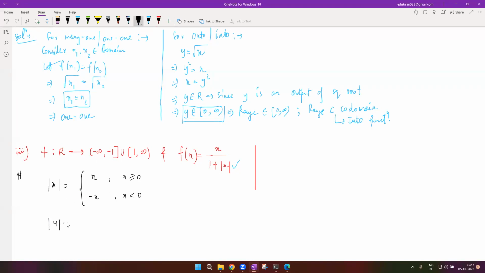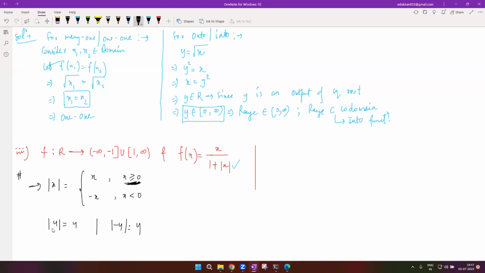So let's say you take mod 4, the answer is 4, right? But if you take mod of minus 4, then also the answer is 4. How is this happening? With this rule. If x is a positive quantity, x greater than or equal to 0, then you take out the same x as it is.